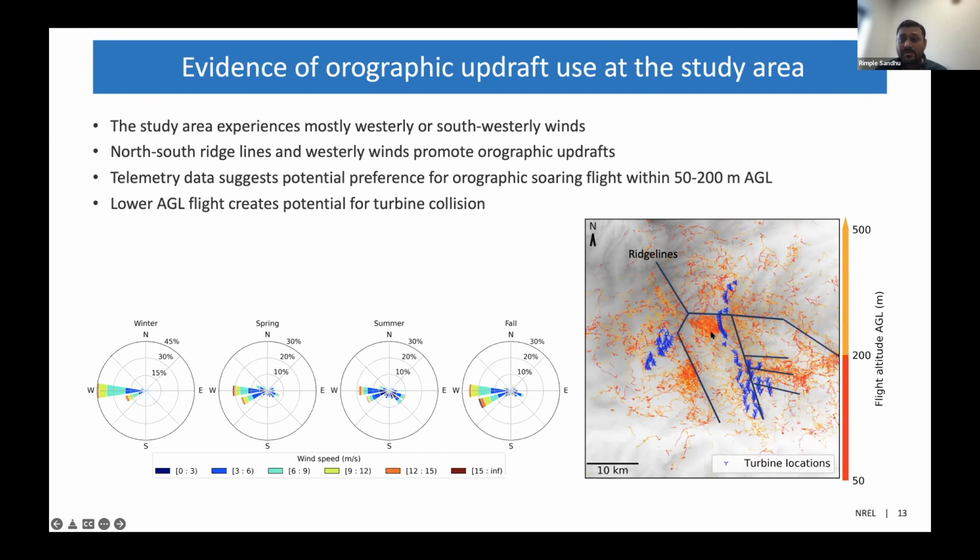When we look at the wind rows for that side, we can see the winds are mostly westerly or southwesterly. Piecing these two things together, we can say they're probably using orographic updrafts. That's why, when they're at low altitude flight, they're on the western or southwestern side of the ridges. So this is interesting because this model will be ideal, as it can simulate movements based on orographic updrafts.